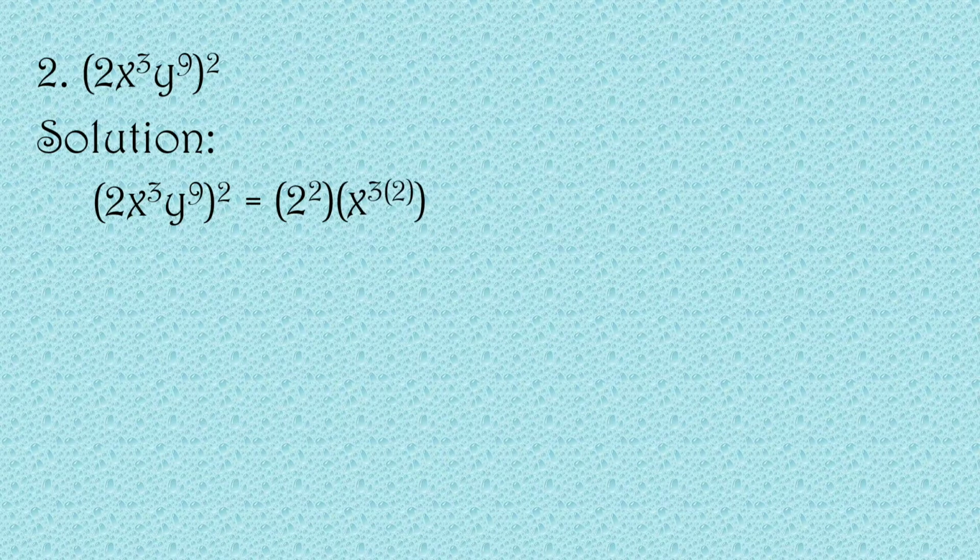Then, si x raised to 3, yung exponent niya na 3, tsaka yung 2, i-multiply natin. Then, si y, yung exponent niyang 9, tsaka dun sa ating outer exponent na 2. So, didistribute lang, tapos i-multiply yung mga exponent. So, 2 raised to 2 is equal to 4. Then, x raised to 3 times 2 is equal to 6. And 9 times 2 is equal to 18. So, magiging 4x raised to 6, y raised to 18.